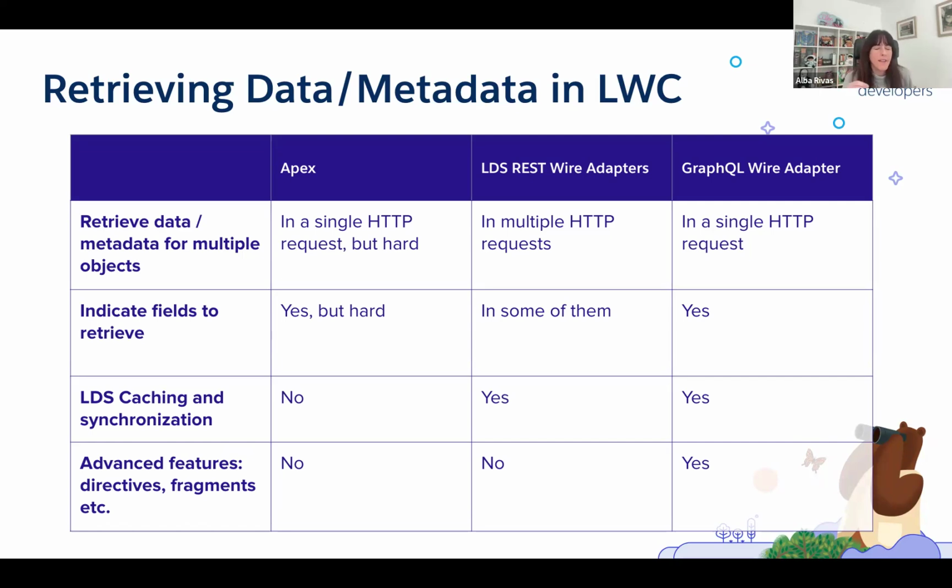At the same time, the way in which it does pagination is also better. Well, there are many, many benefits. I recommend you, if you're interested in this topic, to watch the video that I'm going to leave you here because it's a full 1-hour session in which I talked solely about the GraphQL wire adapter or the GraphQL API, I believe, by that time, but I explained all those features and it's very interesting.